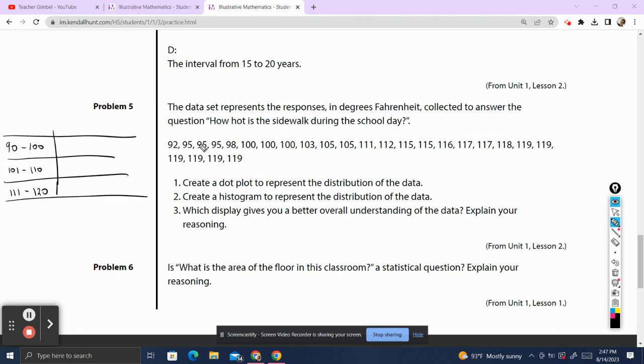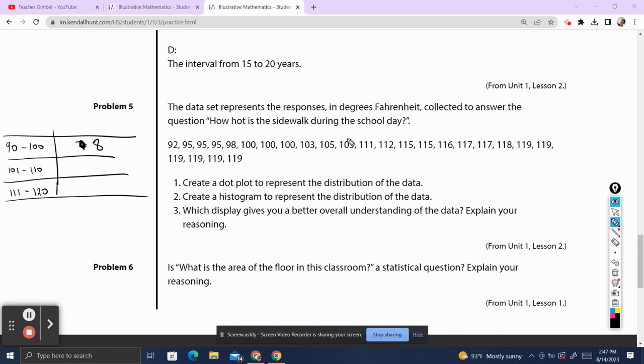So we have 1, 2, 3, 4, 5 values between 90 and 100. Actually, this is inclusive of 100, so it's going to be more than 5 because we're going to include those 100s. So we have 1, 2, 3, 4, 5, 6, 7, 8 values there. I can't count today.